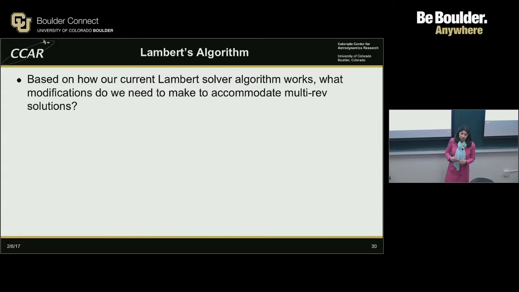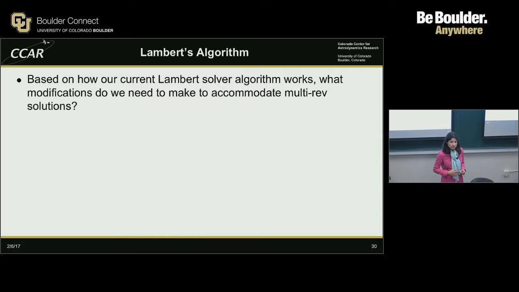So based on our current Lambert solver, we need to make some modifications to account for multi-rev. So first, what do we need to do? Increase the psi up boundary. Okay, we need to increase the psi up boundary. What else?